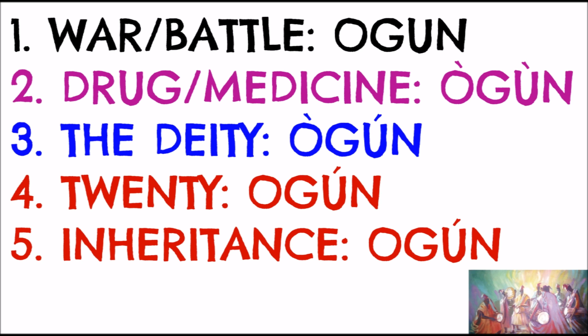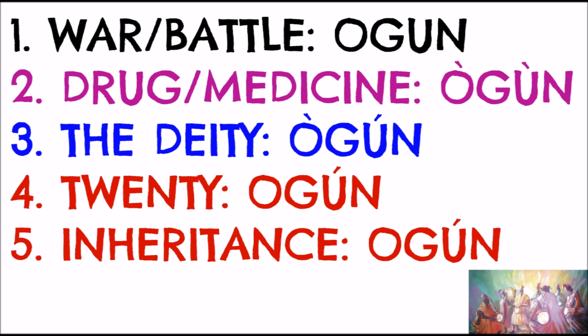So Ogun, Rere, Ogun, Dodo, Ogun, Domi, Ogun, Remi, and Ogun, Remi. 20 and inheritance are written the same way.